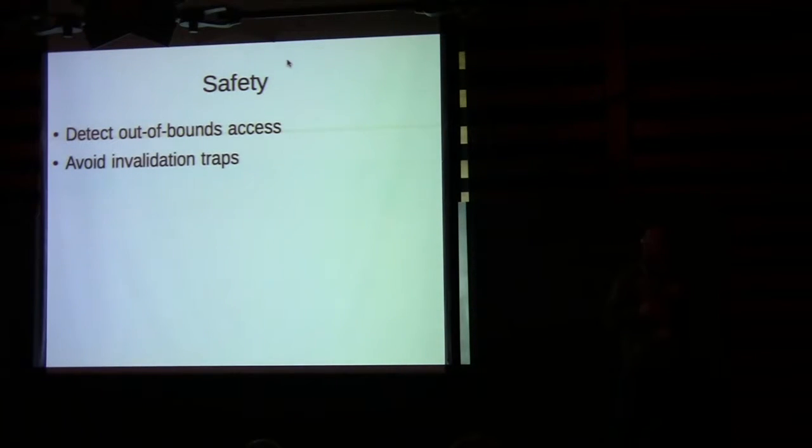And finally, we get to safety. We want, without sacrificing performance, to be as safe as possible. We want to detect out-of-bounds accesses if possible. If I have 1 iterator and I increment it, do I know whether that's safe? Well, maybe. Depends on the underlying structure. If it's a vector iterator, I don't.